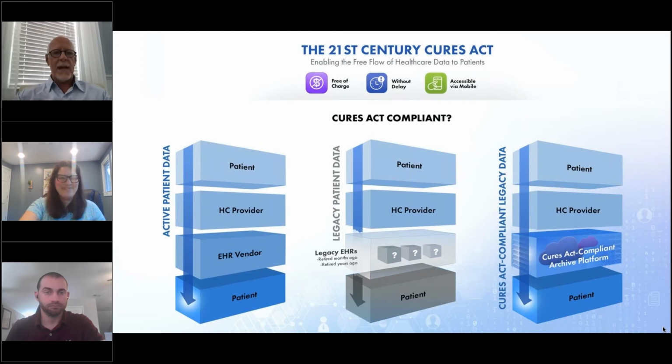And after that, boom, now you can do the Cures Act information movement, but not expose the patient to more stress than necessary, or limit their stress as much as possible, right? So it's less a technological discussion than it is just timing.